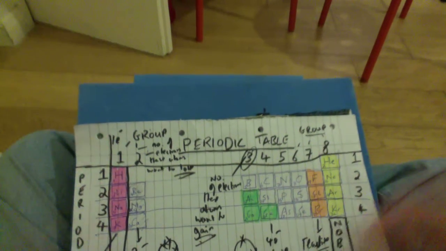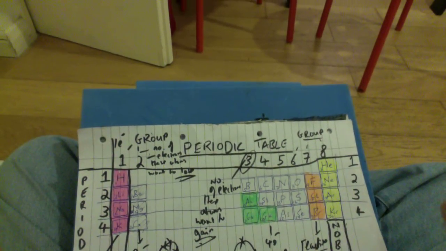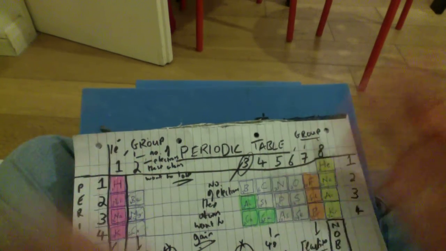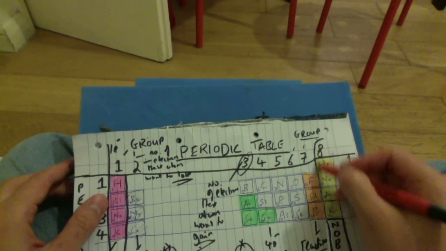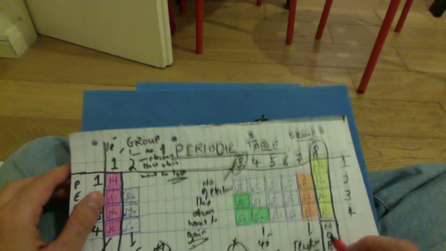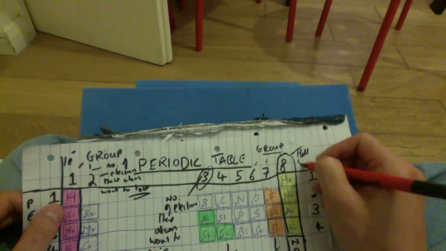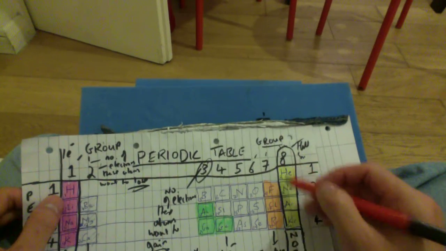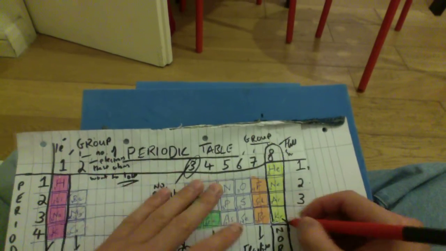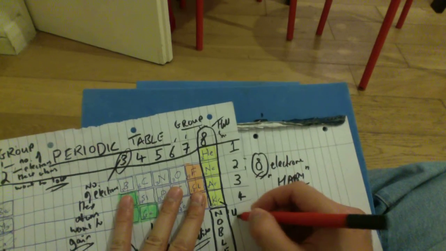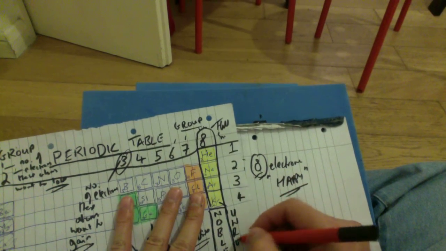Okay, so hopefully you're getting a sense of the periodic table and what it's trying to tell you. These ones in here are called the noble gases. They already have a full shell. They're already happy. So these are very, very unreactive.